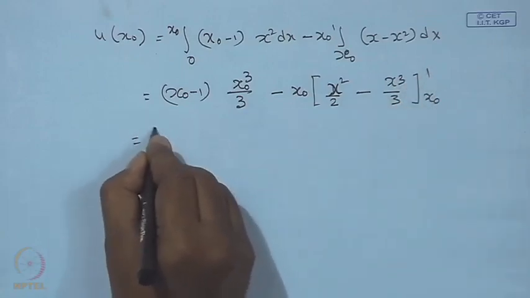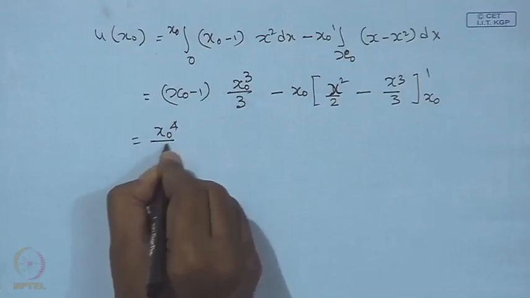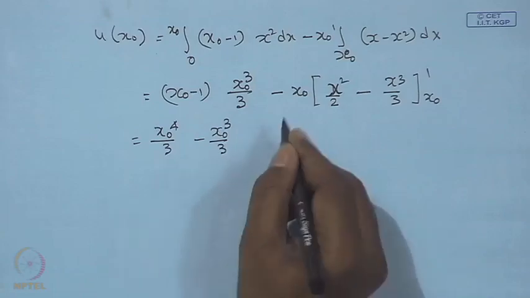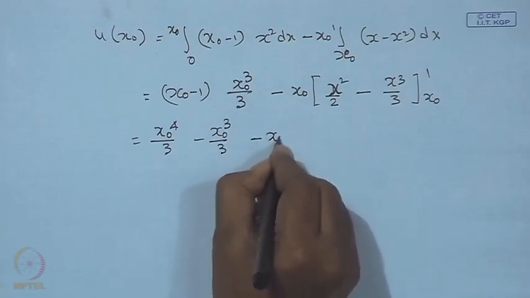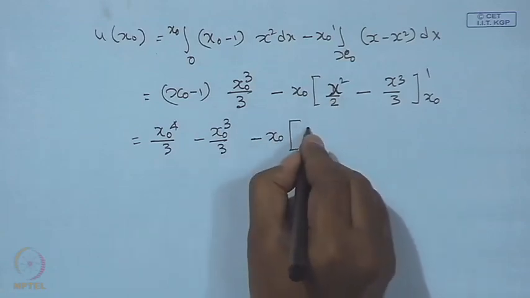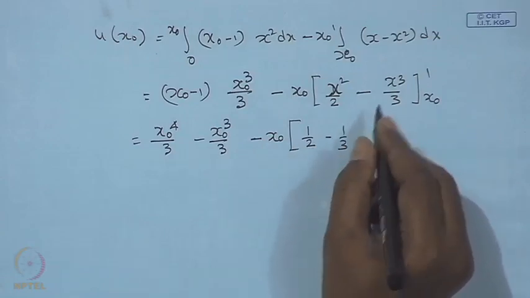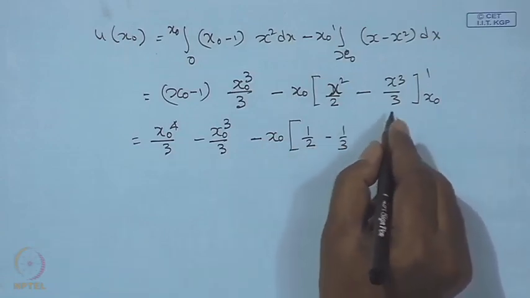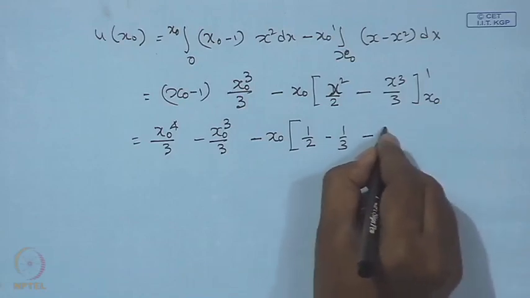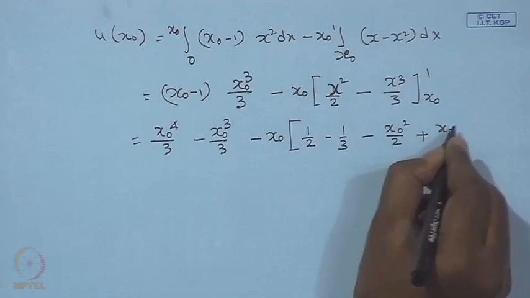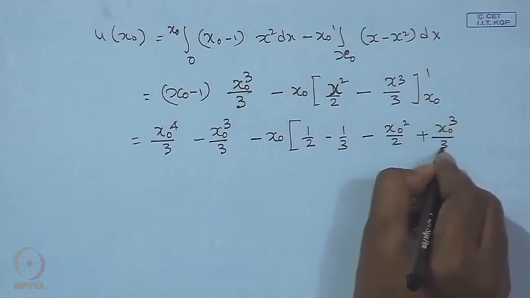So, this becomes x naught to the power 4 by 3 minus x naught cube by 3 minus x naught. So, put it 1 by 2 minus 1 upon 3, minus x naught square by 2 minus minus plus x naught cube by 3.